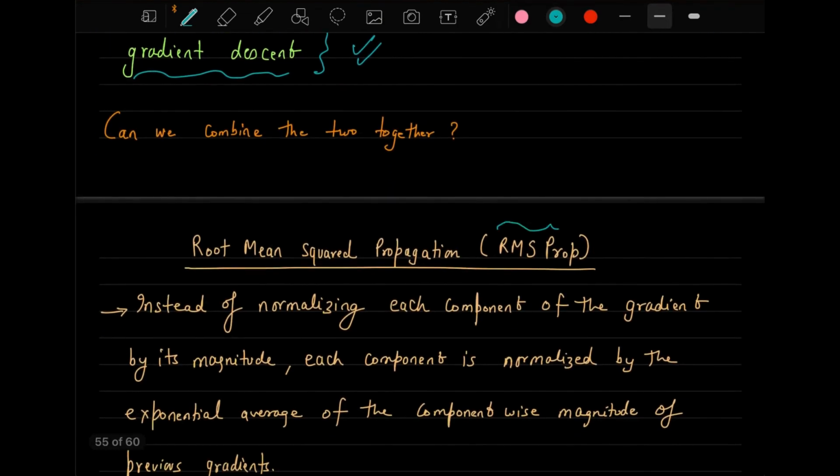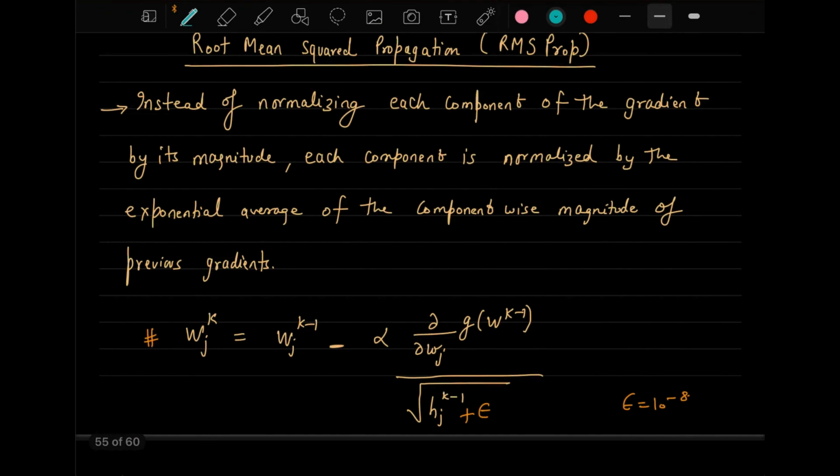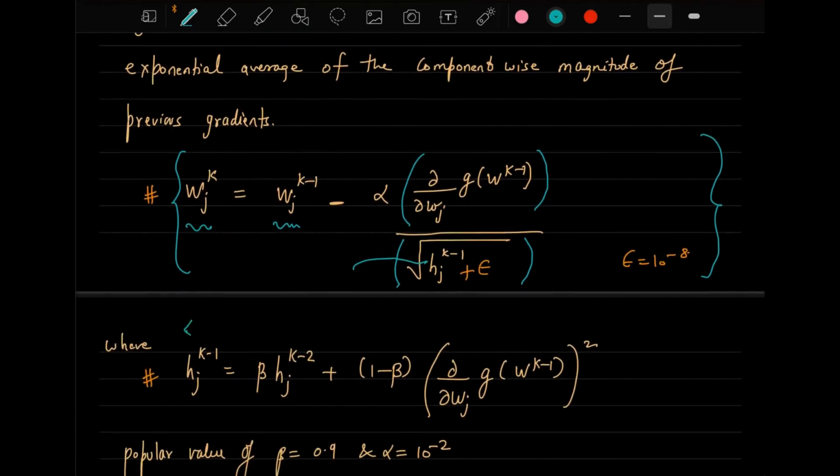So this RMS prop actually takes into consideration both these two aspects, and they came up with this equation. Now I think you will be comfortable with this equation the way it is written over here: you are updating Wj with Wj k minus 1 minus alpha times a component wise normalization of the derivative, and here Hj k minus 1 is basically computed like this.